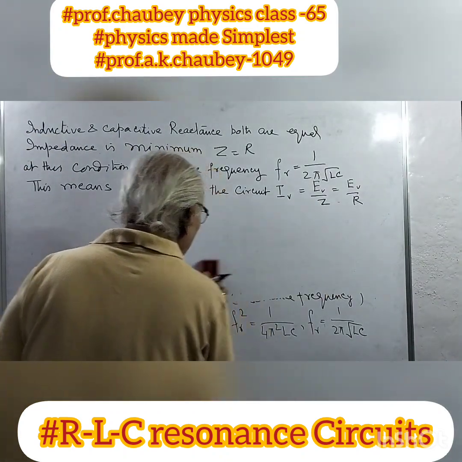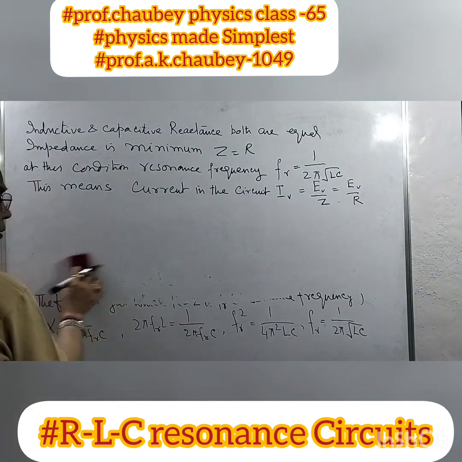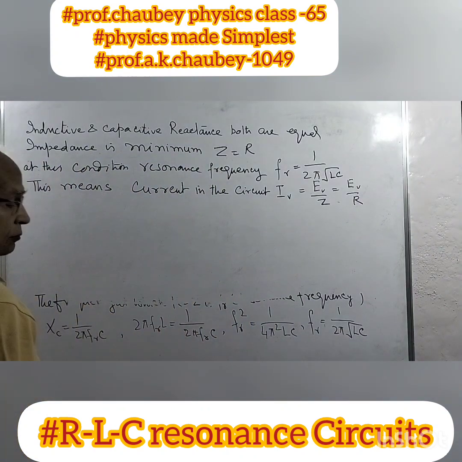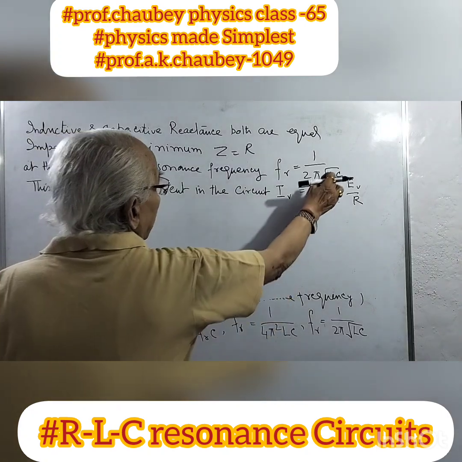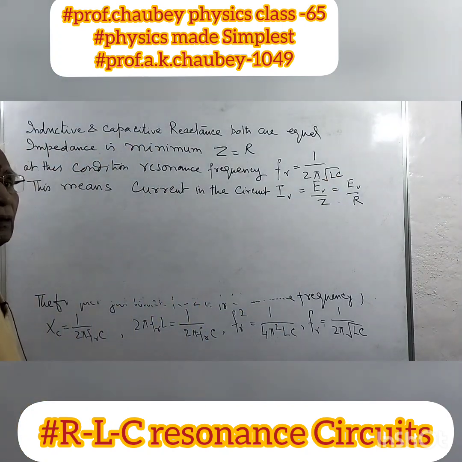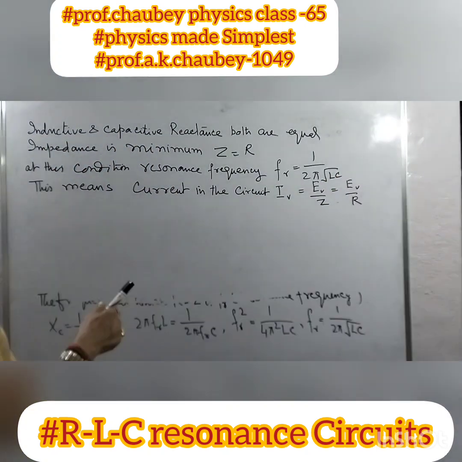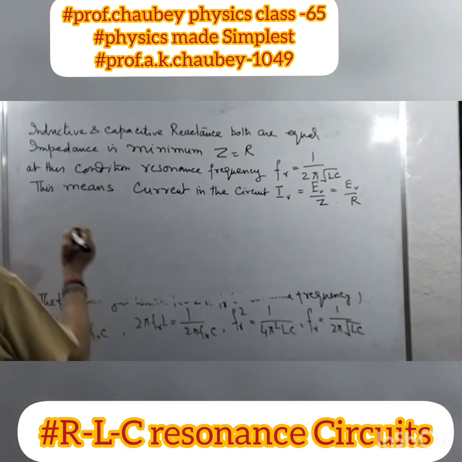So the frequency at which the current becomes maximum is the resonance frequency, 1 over 2 pi under root LC. At this frequency the current is maximum. So this is a series resonance circuit.